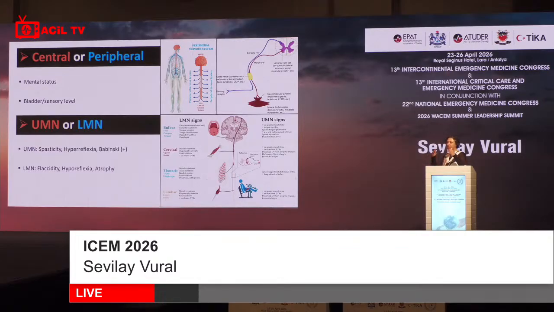For example, it has 4 or 5 lanes for different functions: for voluntary movements, for sensory movements, for reflexive movements. But the upper motor neuron is just one lane in the whole peripheral and central nervous system structure.